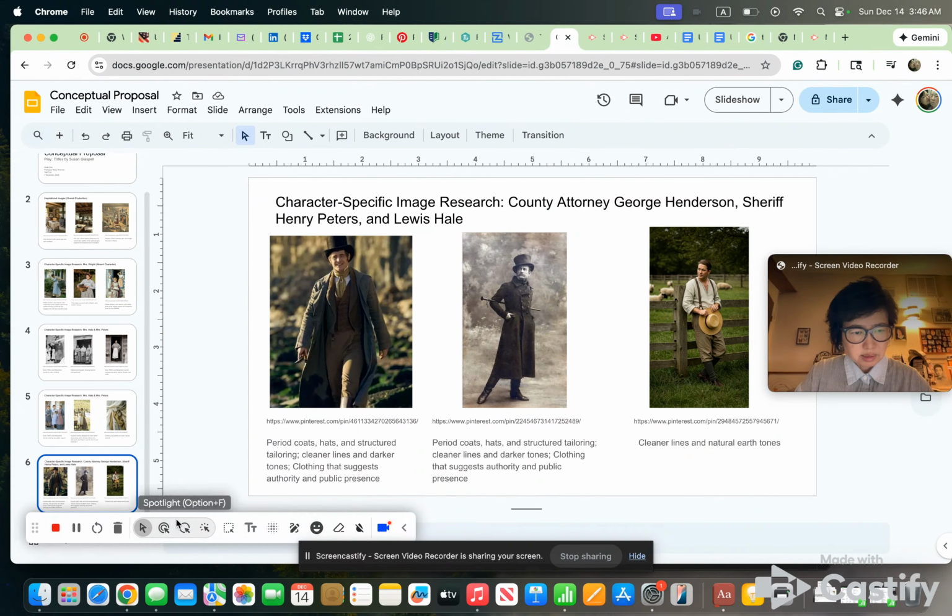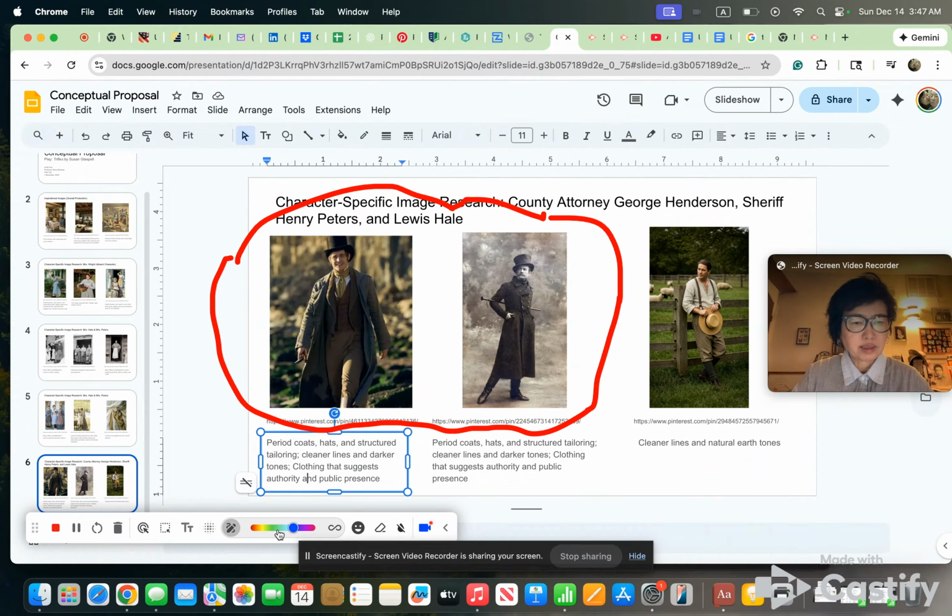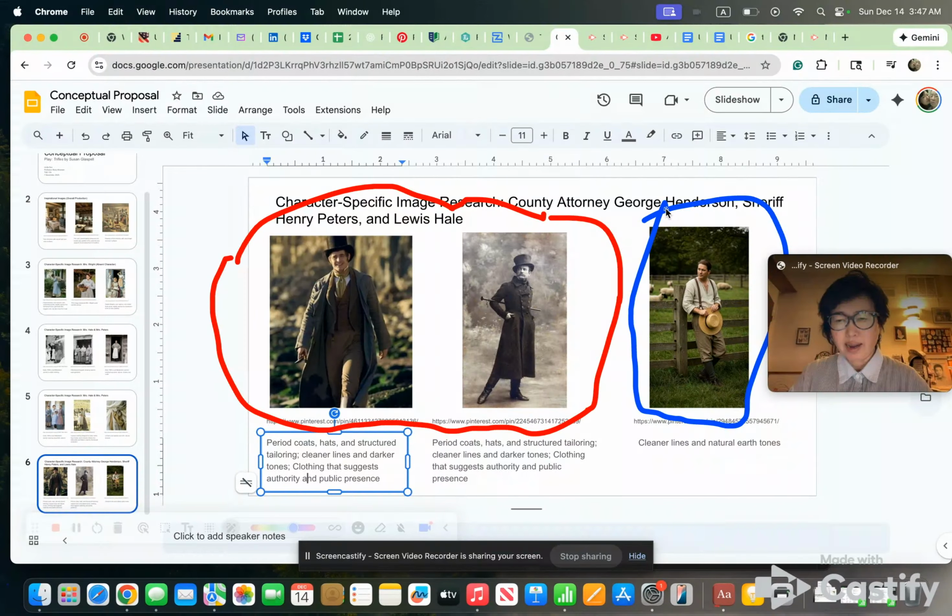And then there is Mr. Hale, the neighbor farmer who found Mr. Wright's body at Mr. Wright's house.